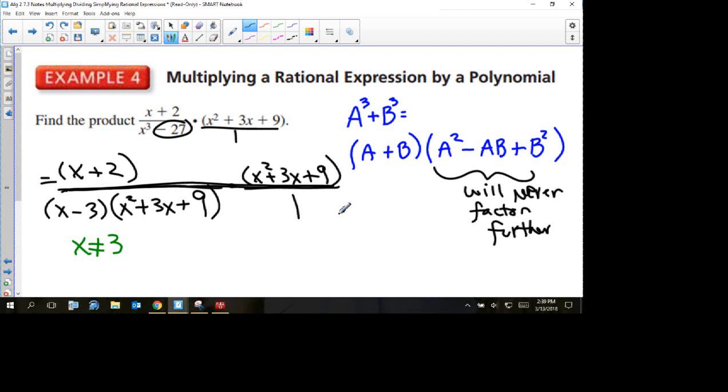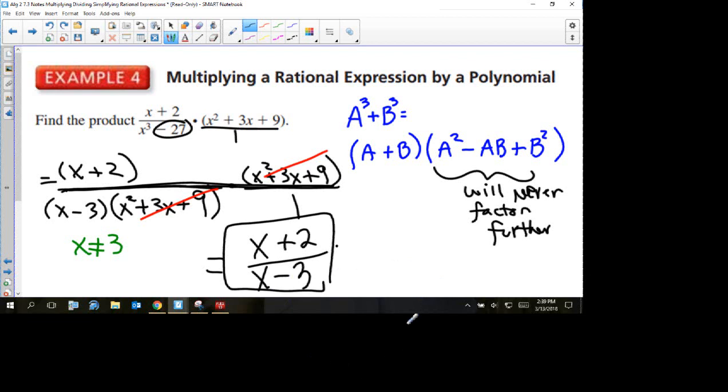Any factors cancel? So now we have x plus 2 over x minus 3. And then we reevaluate our domain restriction. Here, x cannot equal 3. Is that different? No. It's exactly the same, so you don't have to add on any extra information about our answer.